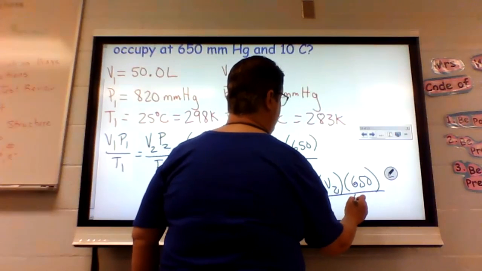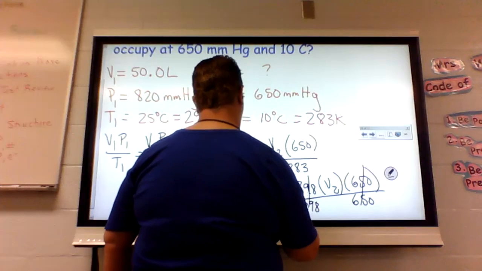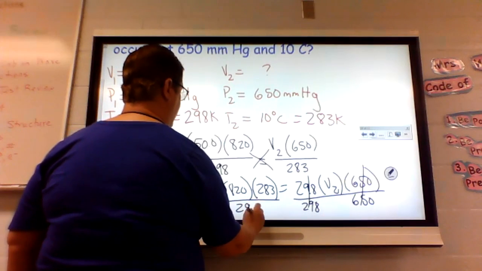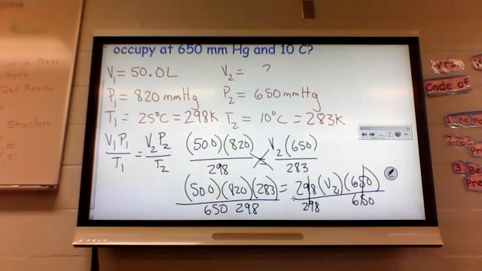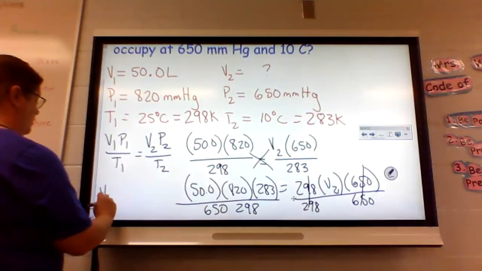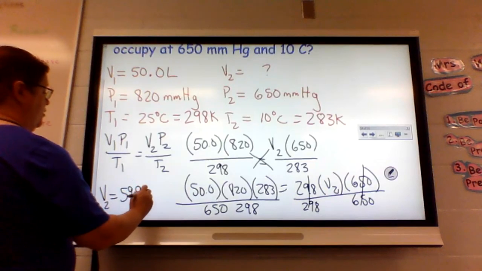Divide by both. Divide by 650, divide by 298. And we should be able to find V2. Anybody done it for me already? Yeah. 59.9 or 60? Okay. I'll just write 59.9. My unit will be liters.